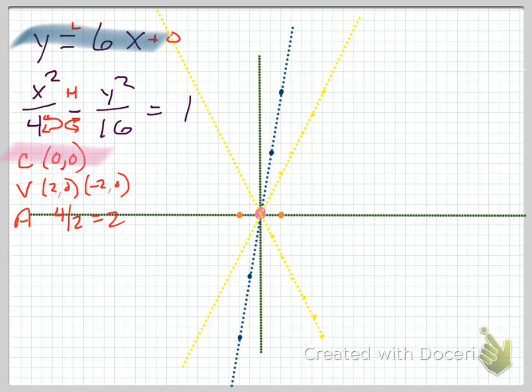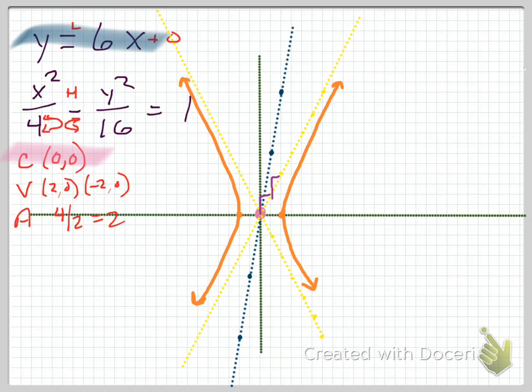Draw my hyperbolas to snuggle up to my yellow asymptotes. And the asymptotes, I'm glad that you can barely see them because they're really not there. They're just a guide. If you graph that on a graphing calculator, the asymptotes aren't there. We just use them as training wheels for our graphing.